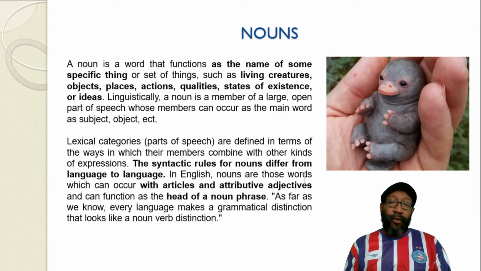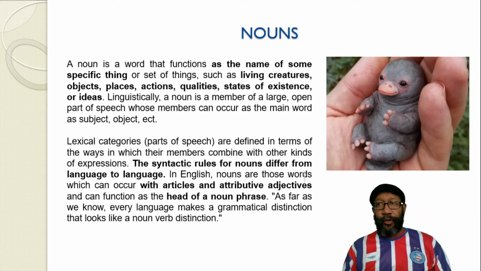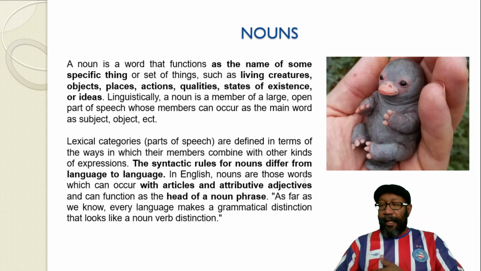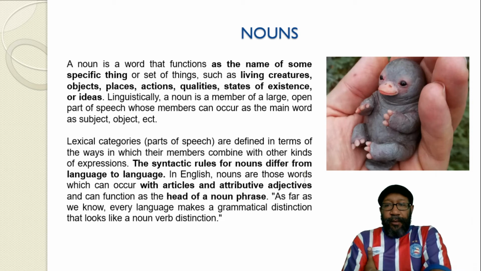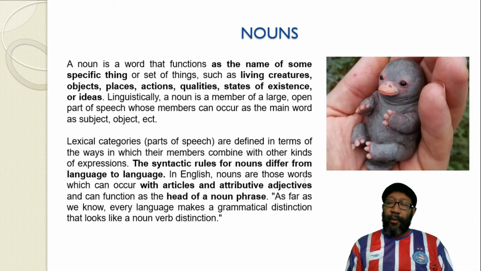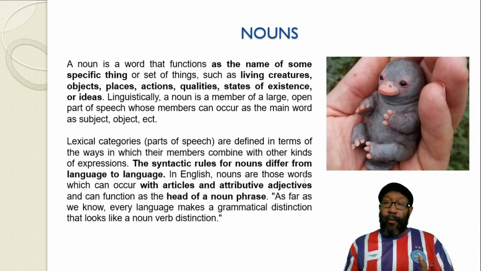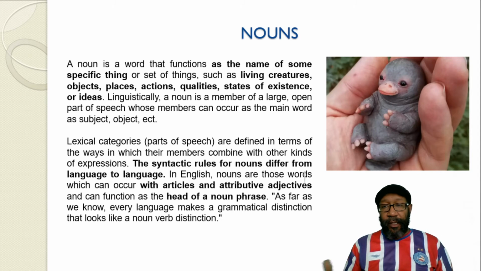The syntactic rules for nouns differ from language to language. For example, between Brazilian Portuguese and English, we have some differences, and they are important to know because our standard is Brazilian Portuguese, so we have to compare it to English, which is a foreign language.